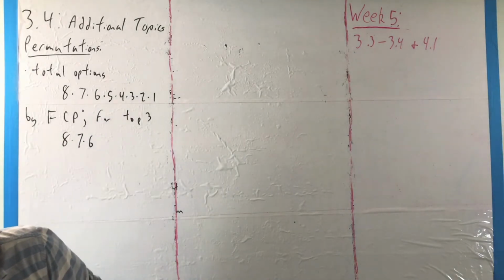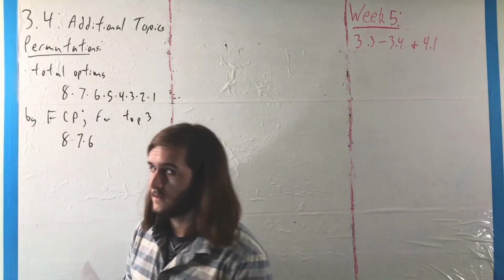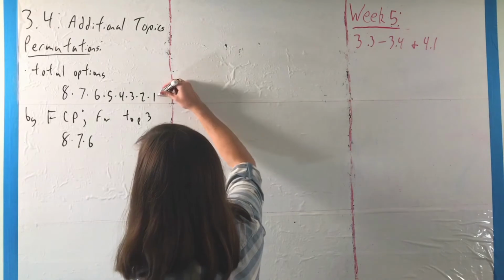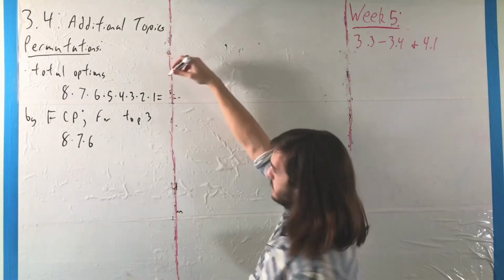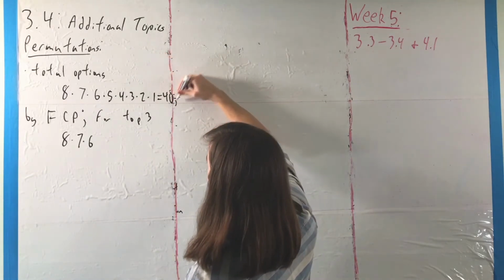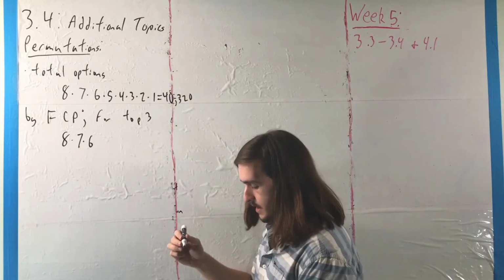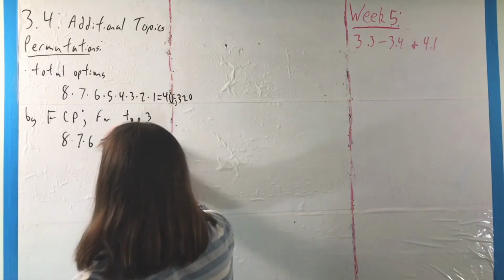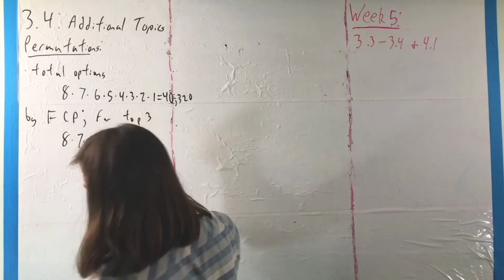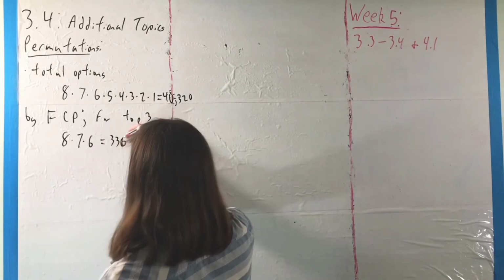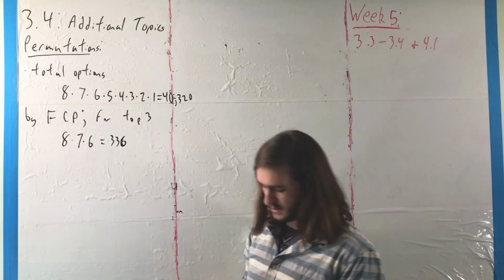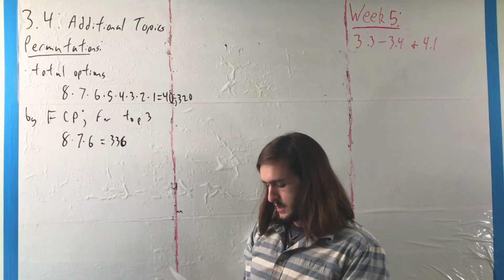We would see that for the full 8 we would have 40,320 options, while for the top 3 we'd only have 336. Still quite a lot, but a little bit less.